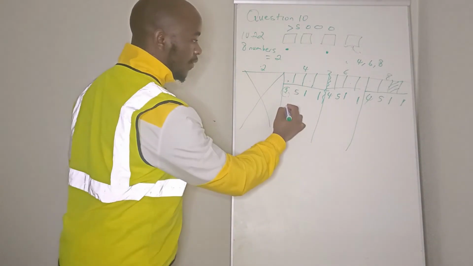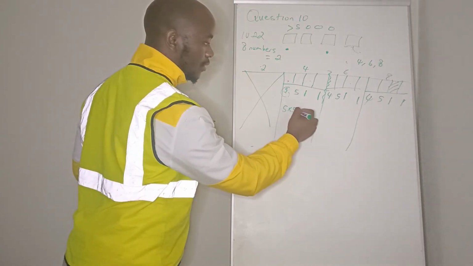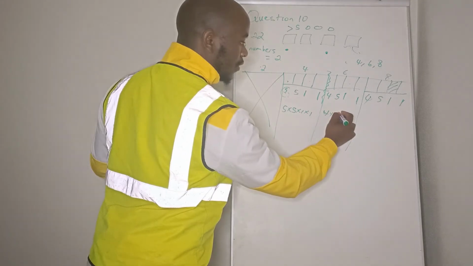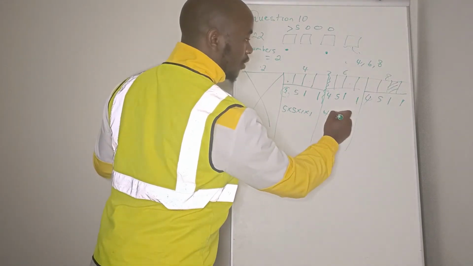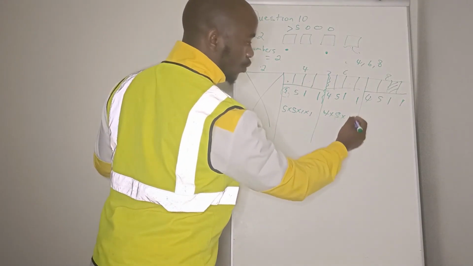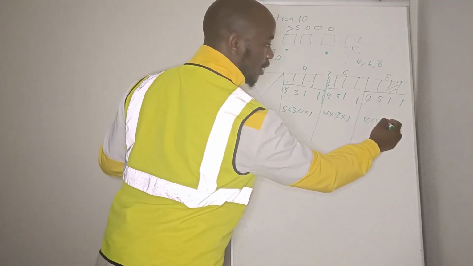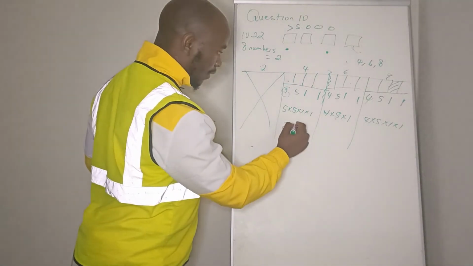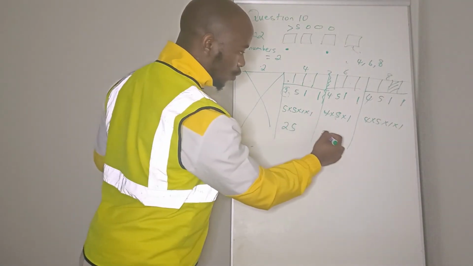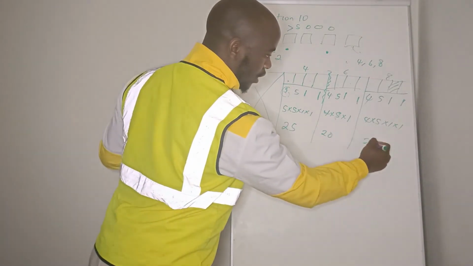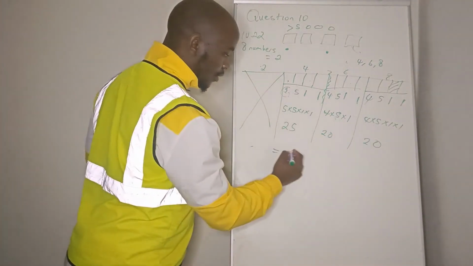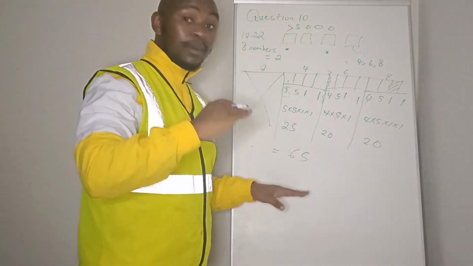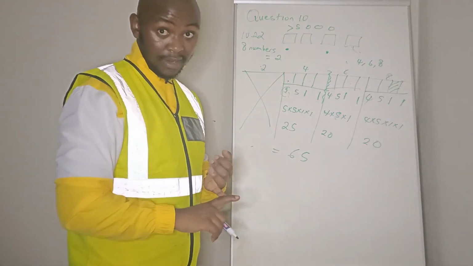So we'll have 5 multiplied by 5, that's 1 times 1. 4 times 5 times 1 times 1. So in here we have 25. In here we have 20. 20. So we have 65 possible numbers that are above 5,000 and they are even.